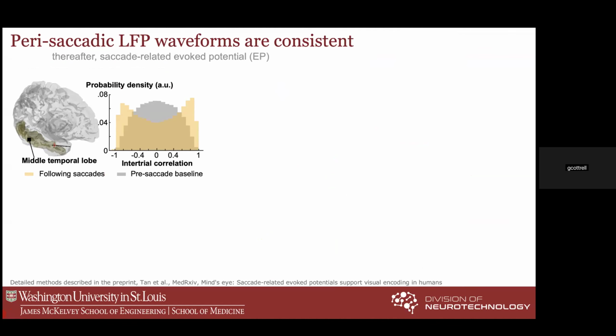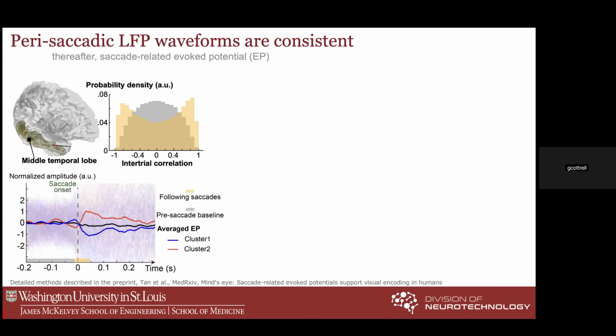In our data, we actually observe a bimodal distribution, meaning in half of the trial pairs the waveforms were positively correlated, and in the other half they were negatively correlated, which suggests the presence of two consistent waveforms of opposing polarities. When we use hierarchical clustering to identify them, here's what they look like in terms of waveforms.